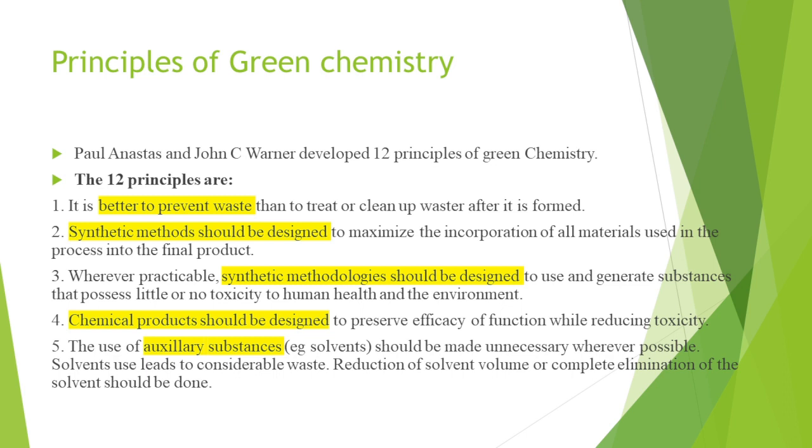The first principle is it is better to prevent waste than to treat or clean up waste after it is formed. So, whenever we are doing a reaction or carrying out some industrial processes, it is always better to prevent the waste than treating it or cleaning it up after it is formed.